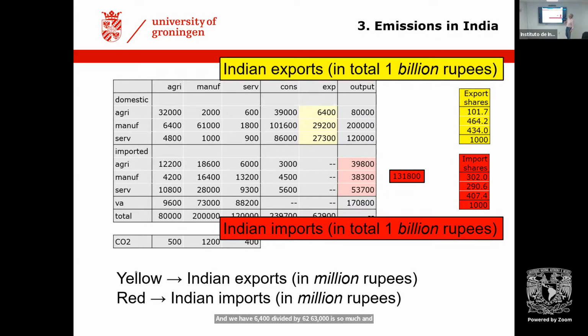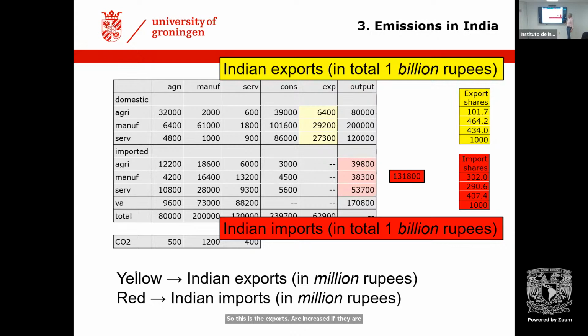So these are the shares. And the thousand times thousand million rupees is exactly 1 billion rupees. So this is how the exports are increased if they are increased by 1 billion.